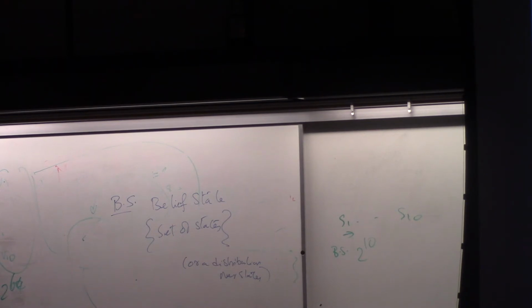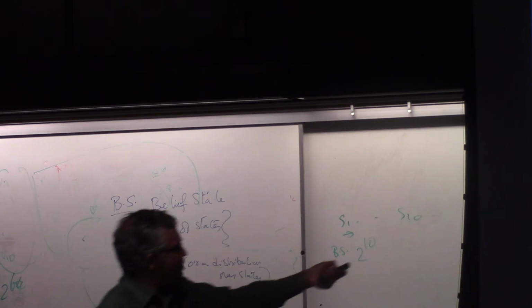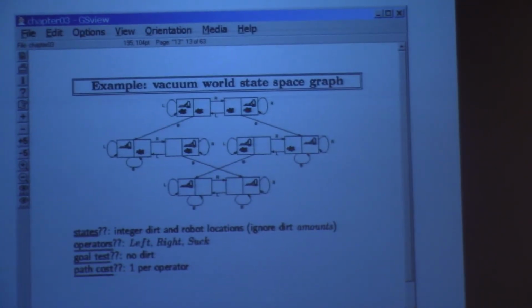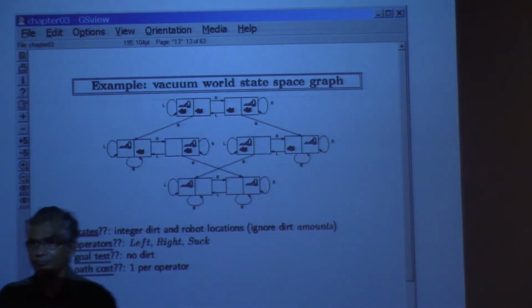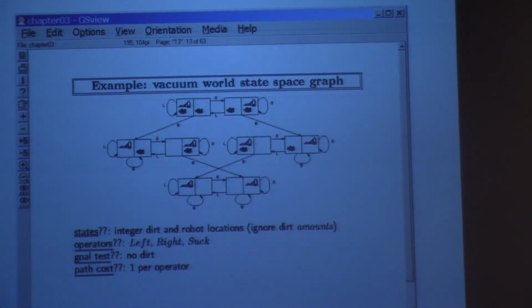Right? So the graph, instead of being a graph on 8 states, is a graph on 2 power 8 states. What is 2 power 8? 2 power 5, 2 power 6, so 256.